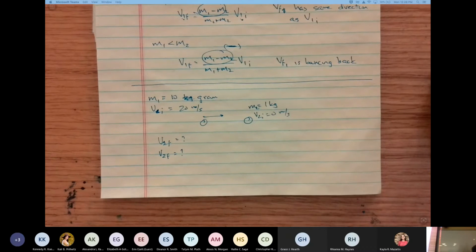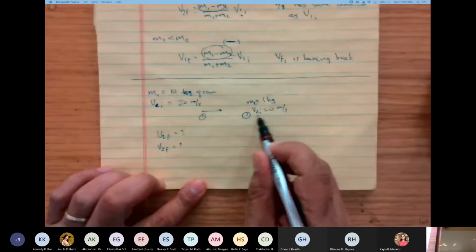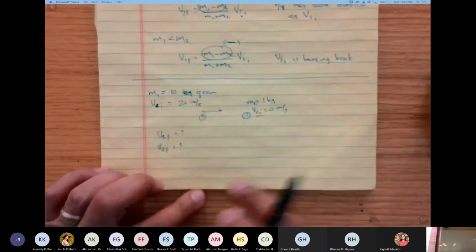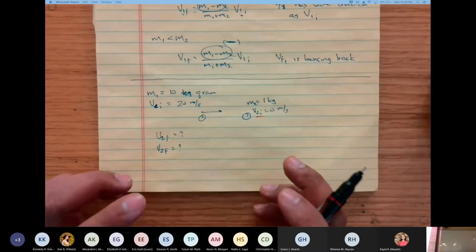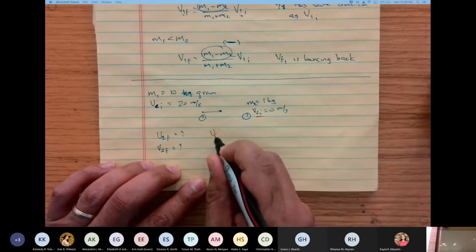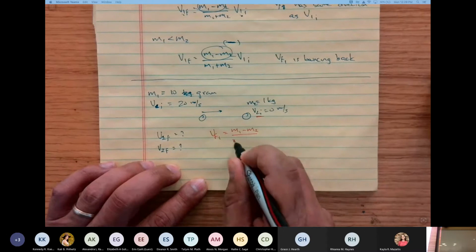Okay, so I'm going to do it real quick. The initial velocity of the second mass is going to be 0, so the equations are going to simplify. For the final velocity of 1, I'm going to have (m1 minus m2) over (m1 plus m2) times the initial velocity of 1.